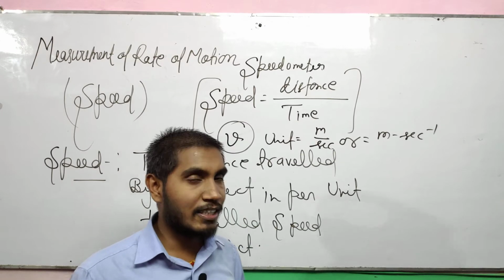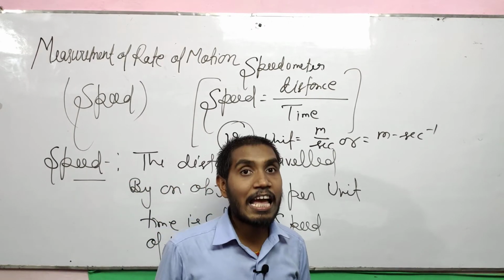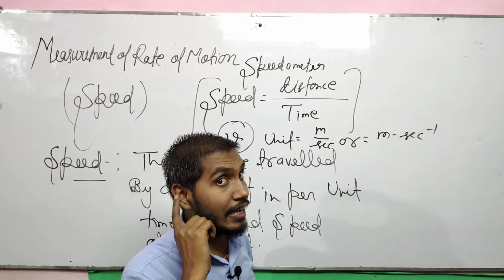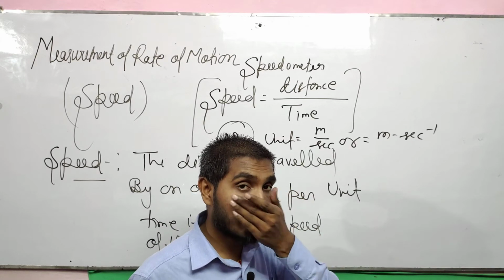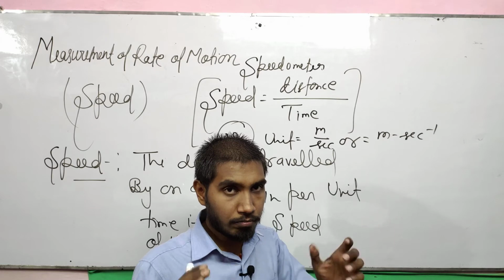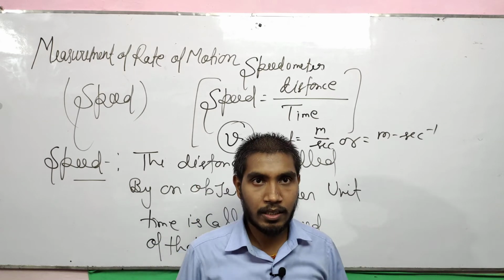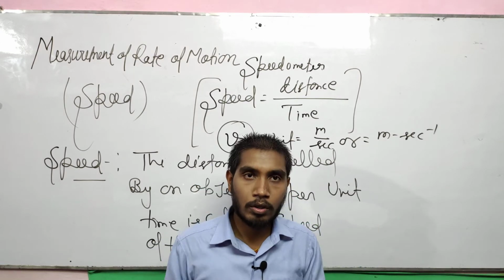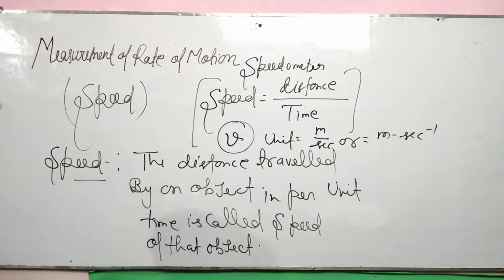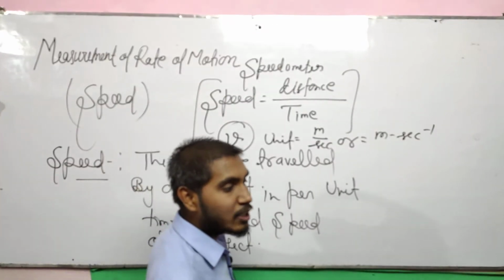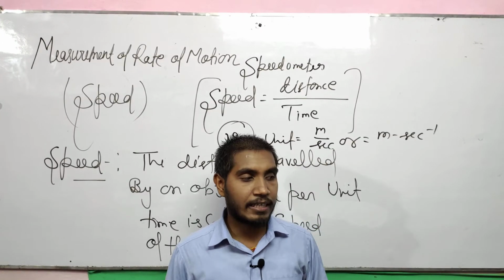So what is average speed? Try to understand what I am saying. How can we calculate the average speed when our speed is changing continuously, sometimes too fast, sometimes too slow?